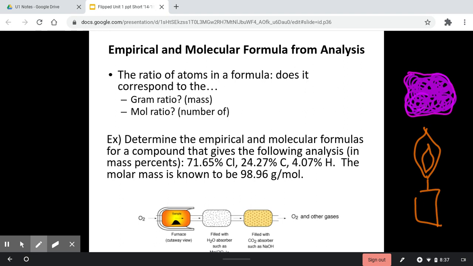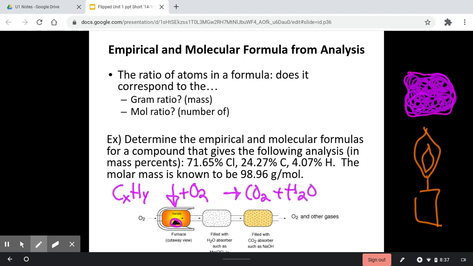They put it into what's called a combustion chamber, and you're going to burn your sample. And when you burn your sample, assuming that it's combustible, here's your little combustion chamber. Here's your little sample down here. When you burn it, it's going to combine with oxygen, and then it's going to give off some gases.